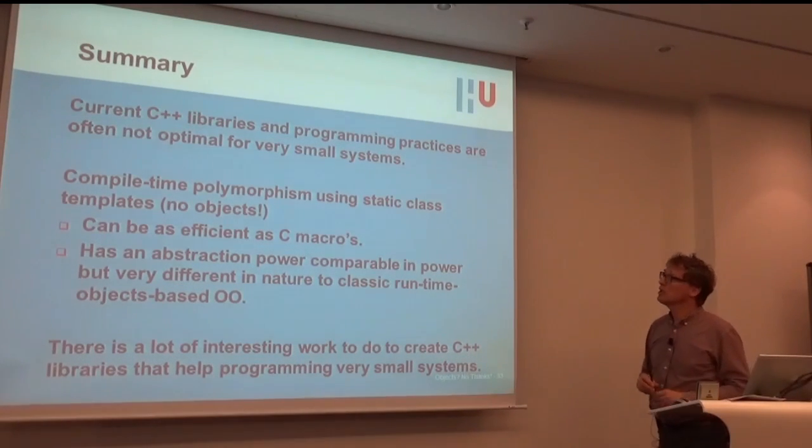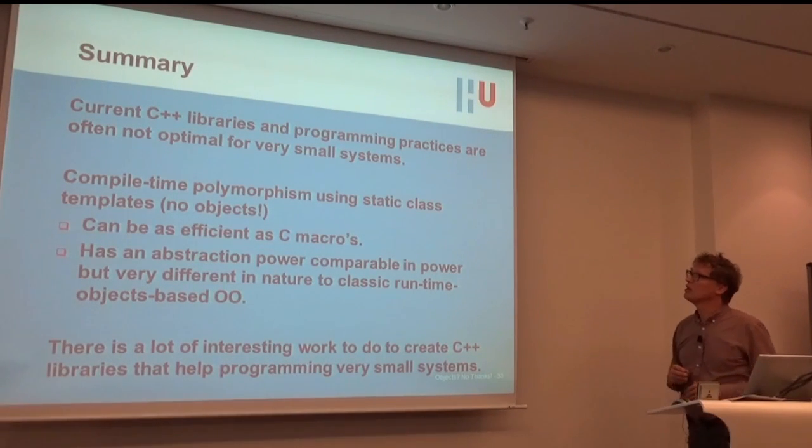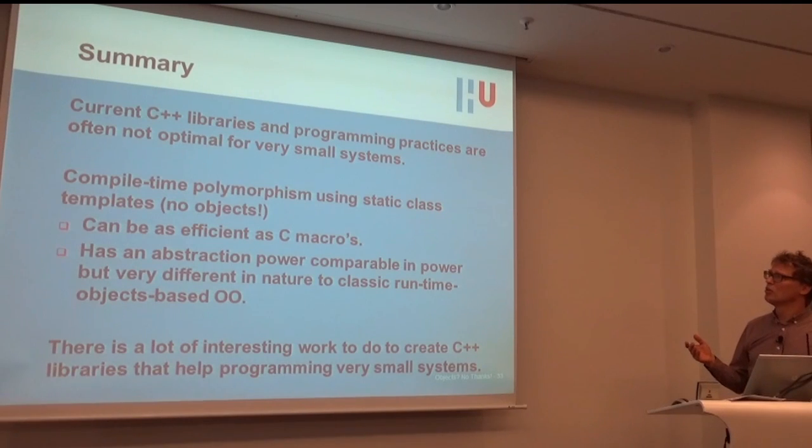Okay, to summarize what I've said. The standard practices and way of programming and the libraries that are used in C++ are often not optimal for very small systems. You're used to having plenty of memory, average performance is what counts, and that's not the case for small systems.